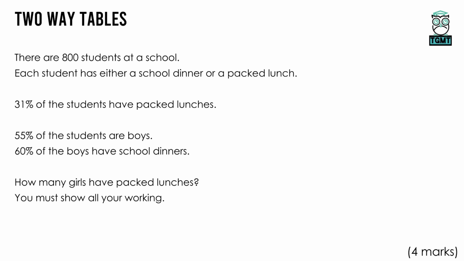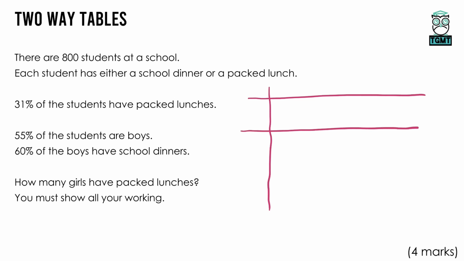Now, whenever we have loads of information like this, we just need to think about trying to draw a two-way table, particularly when it splits things up like this into school dinners and packed lunches, and then gives us a secondary piece of information. And that's why we have a two-way table, because we've got these two different things. We have whether they have a certain lunch, and then whether they are boys or girls.